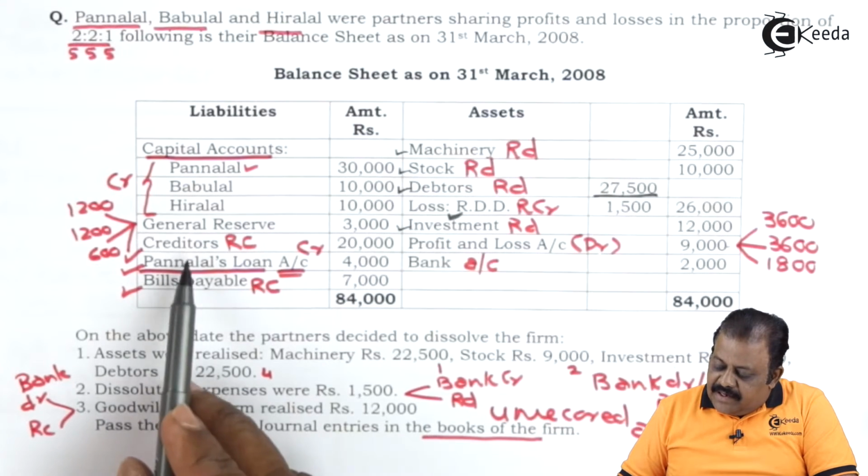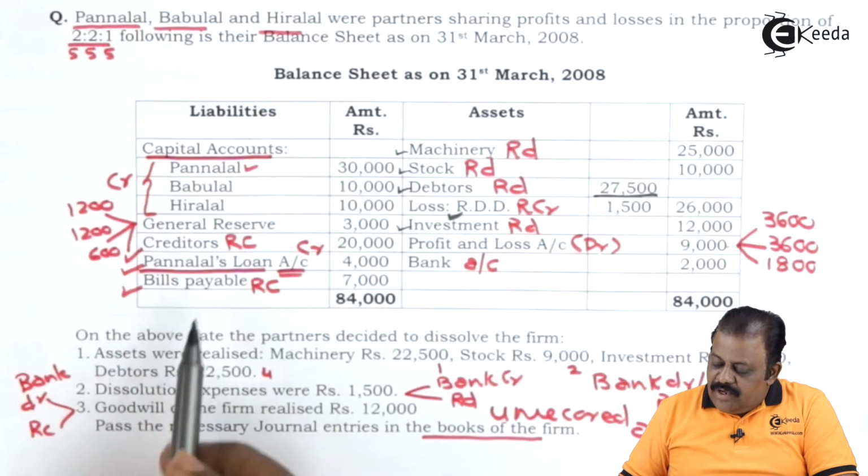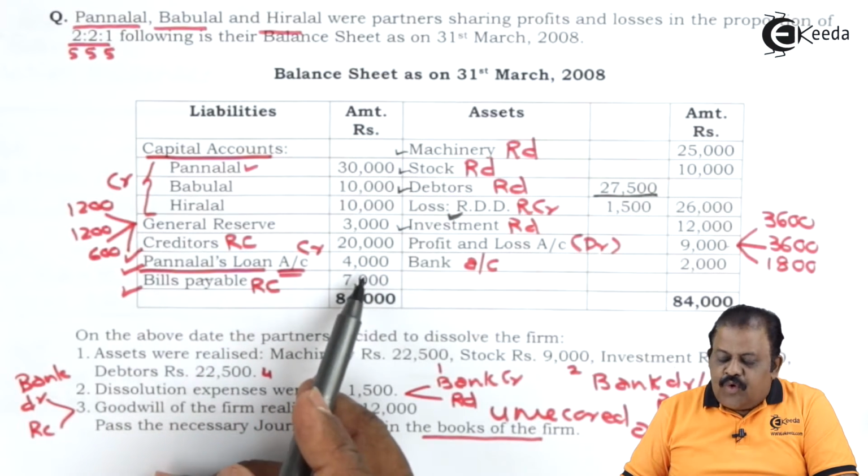After payment of creditors and bills payable, now we are required to pay Pannalal's loan account 4,000.